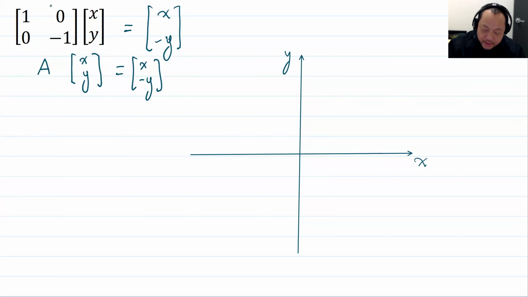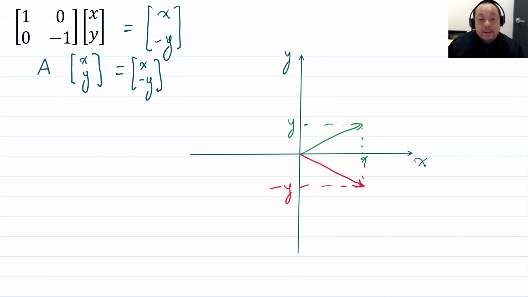If I start with any xy vector here, and I apply this A matrix to it by multiplying, then I will end up with the x negative y vector down there. And this is true for all xy vectors. If I start with that other xy vector in the back, I'll end up with that other x negative y vector down there.